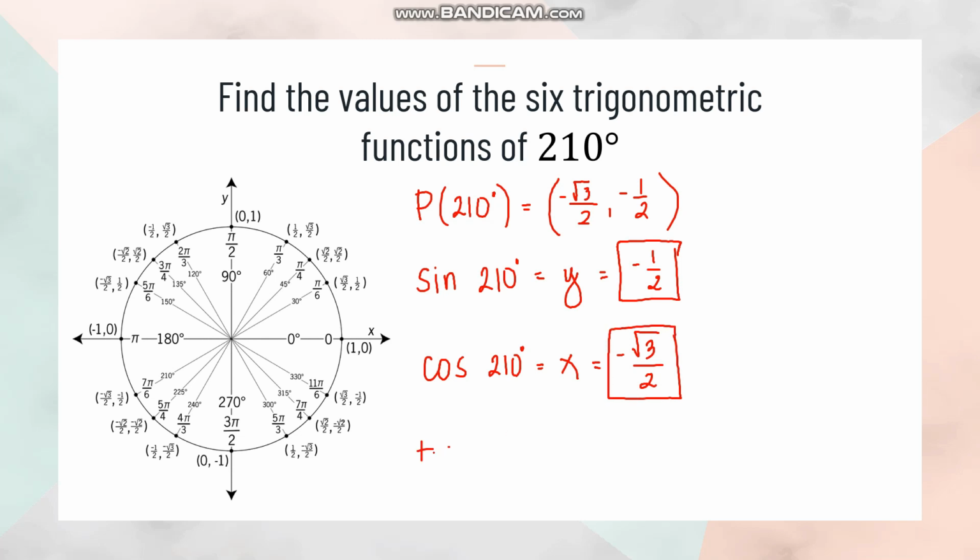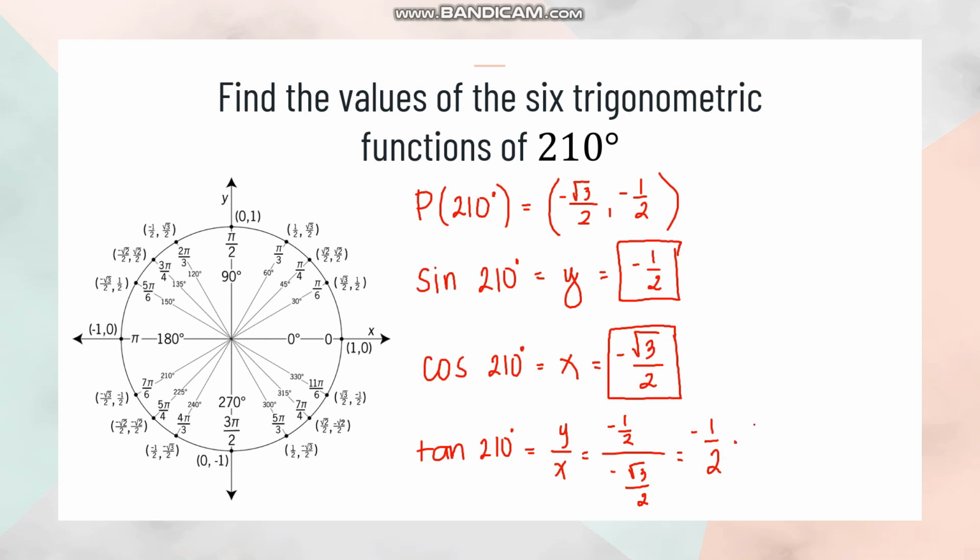Now, for the tangent, we have y over x. So that will be negative 1/2 all over negative square root of 3 over 2. Again, all you have to do is get the numerator, get the reciprocal of the denominator, and multiply to it.